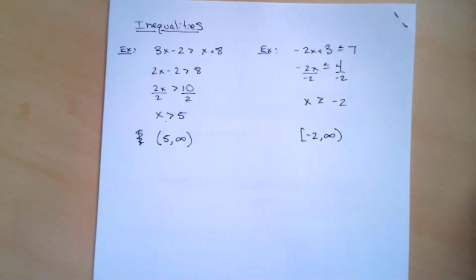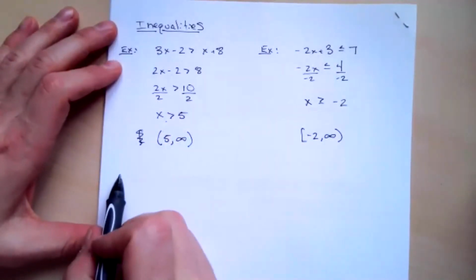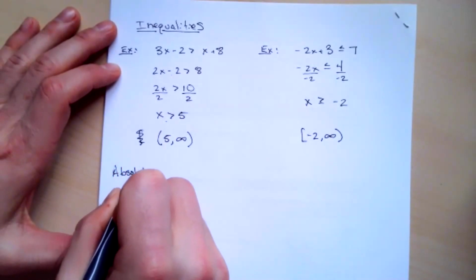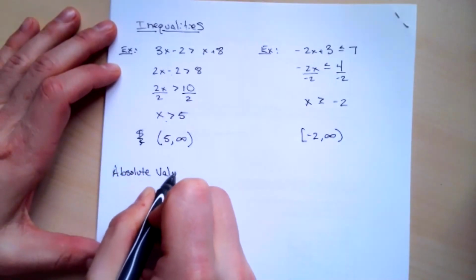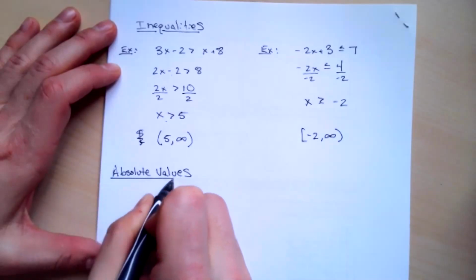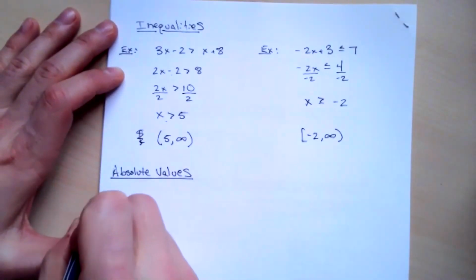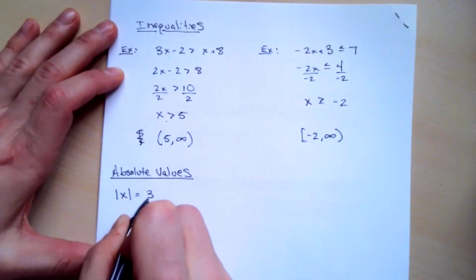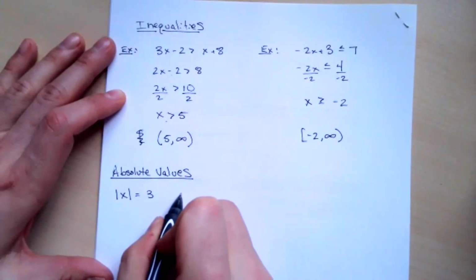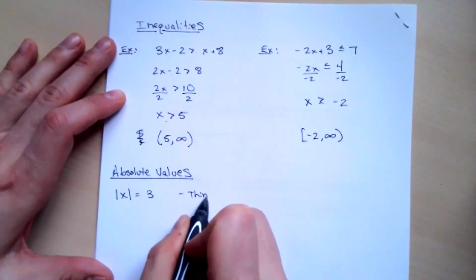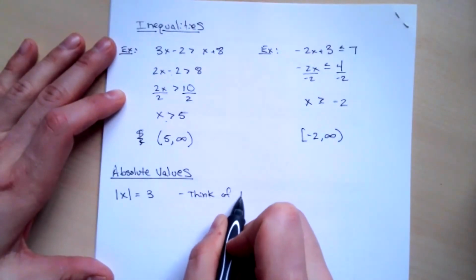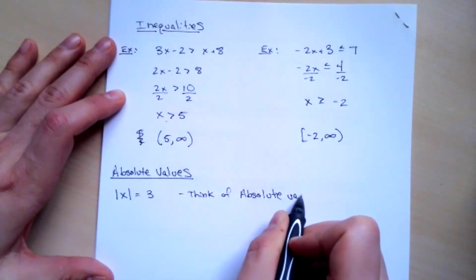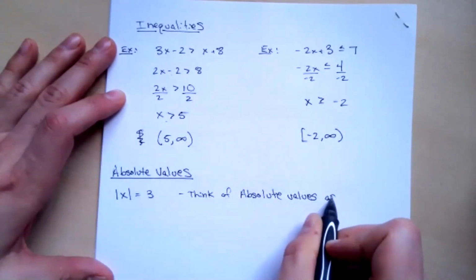And so our last layer is we want to add in these inequalities with absolute values. Think of an absolute value. When I write something like the absolute value of x equals 3, you want to think of absolute values as distance.